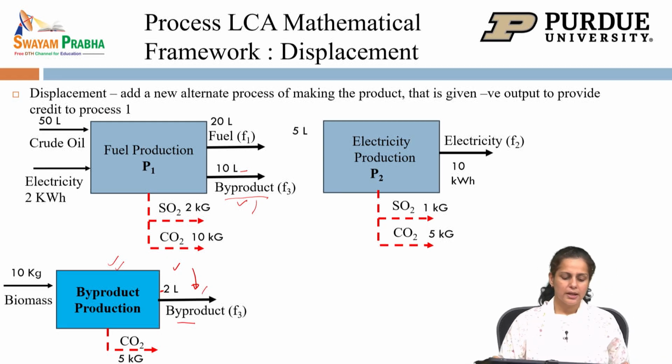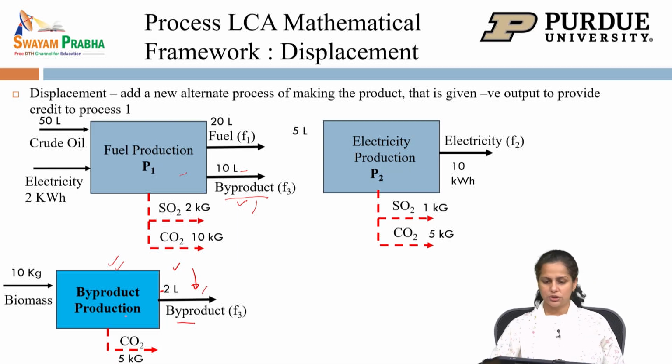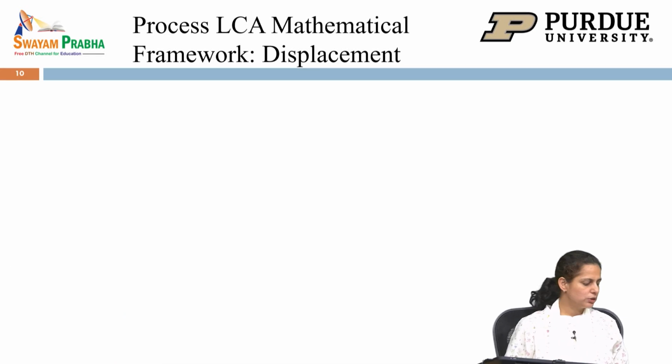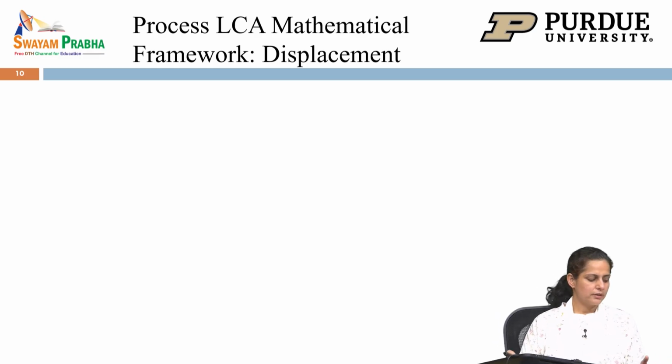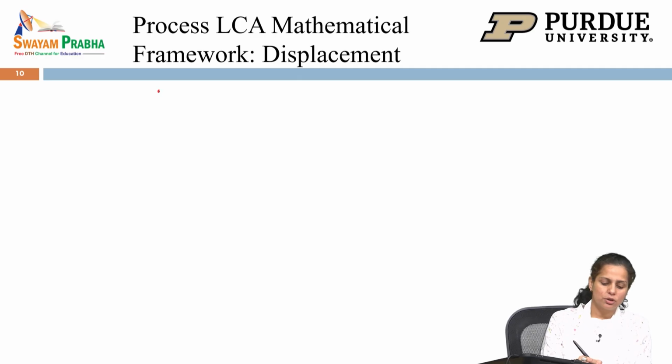So, again we have 3 different processes. Here, instead of splitting this process, we are representing the byproduct formation by a different route for byproduct production. So, here we will write a different matrix. Again we have the same formation for process 1 and process 2. So, 20 times S1 minus 5 times S2 is equal to F1.